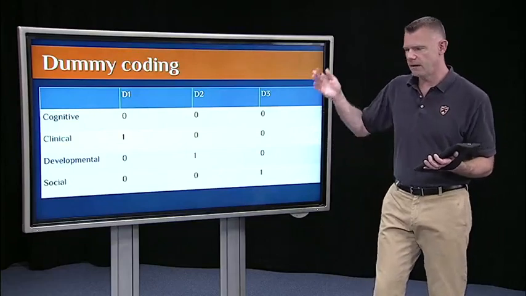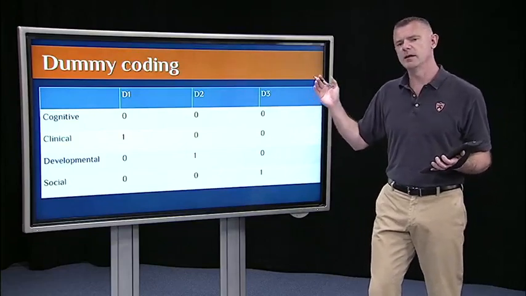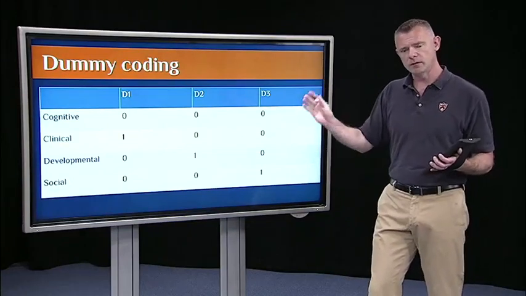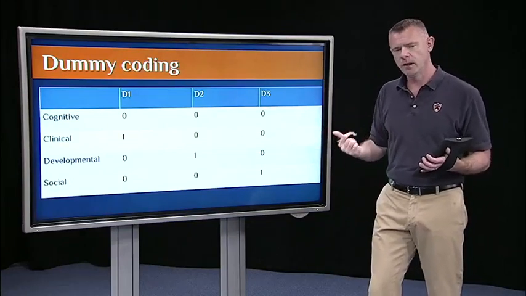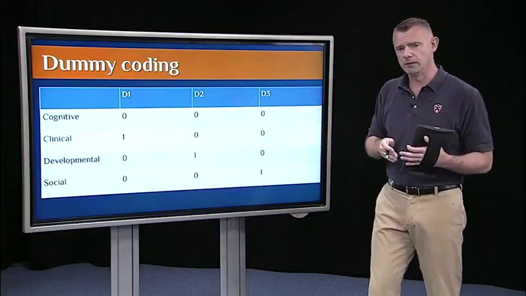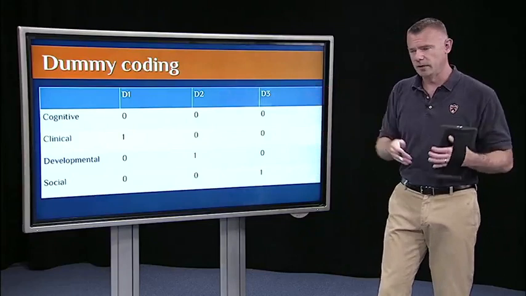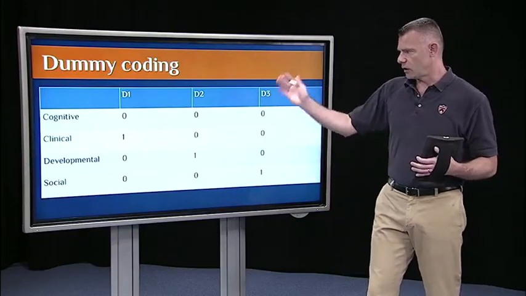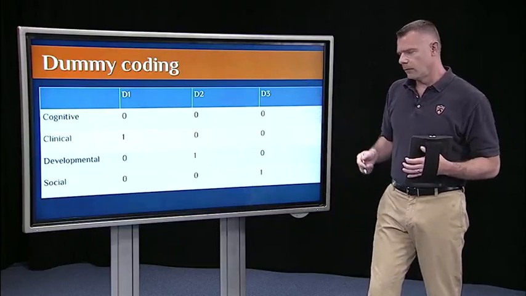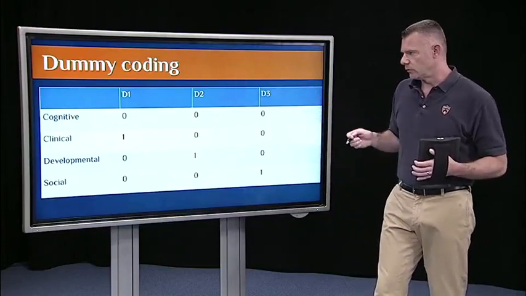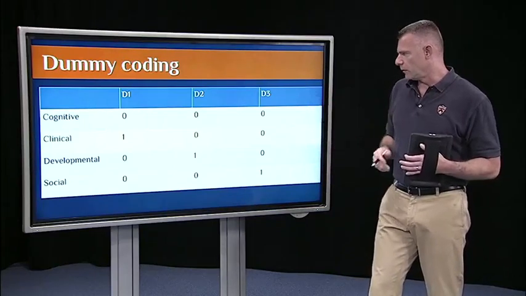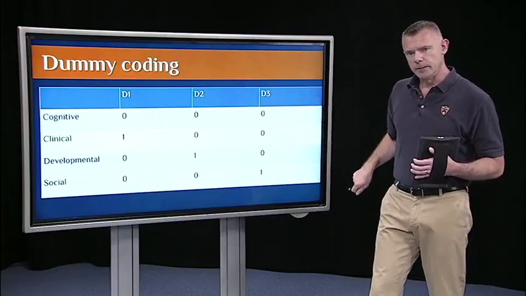Well, because I have 4 levels of my independent variable or my grouping variable. It's always the number of levels or number of groups minus 1. And you make one of your groups the reference. And I decided to make cognitive the reference just because I'm in cognitive. And then you just code each group with a 1 for one of the dummy codes. So the clinical group got a 1 in D1, the developmental in D2, and social in D3.